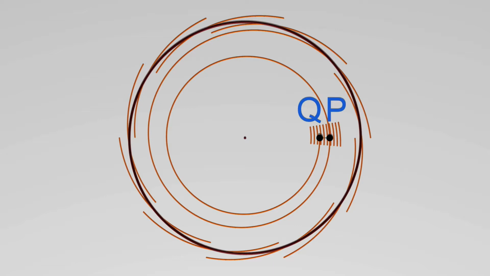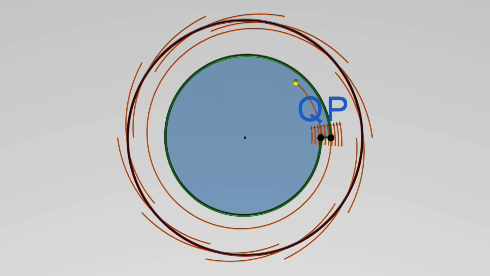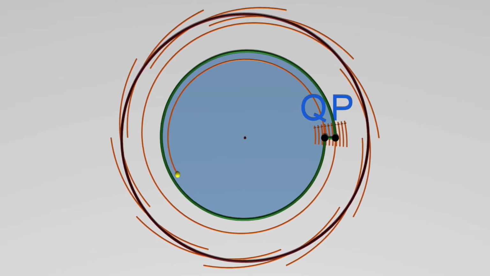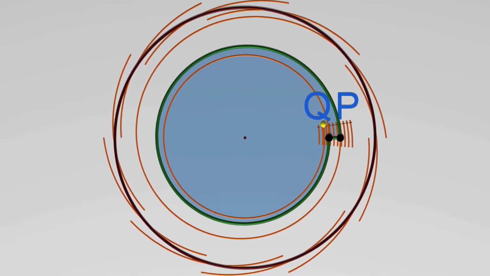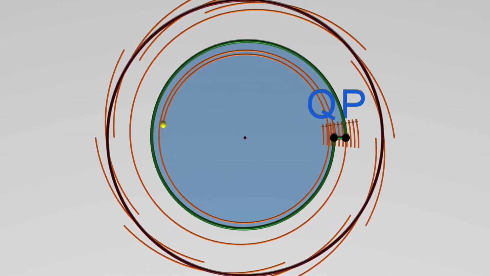The arc of the trajectory between P and Q, followed by the line QP, forms a closed curve. This is the boundary of a certain area, drawn in blue. We can see that a trajectory that starts from Q enters the blue area, and then it can't get out anymore.